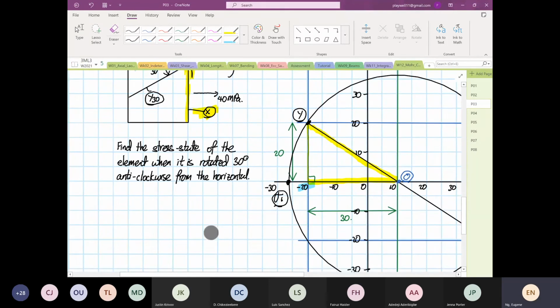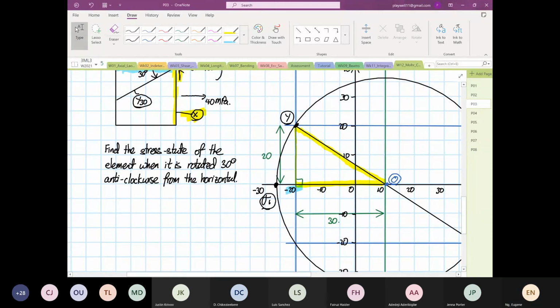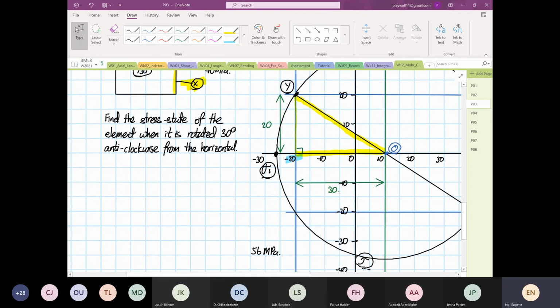Again, I'm going to teach you from the element to the Mohr circle, and bring it back to the element. Same thing. We're still going to construct an element at the end of the day, and we're going to label it. We also know the rest of the values.